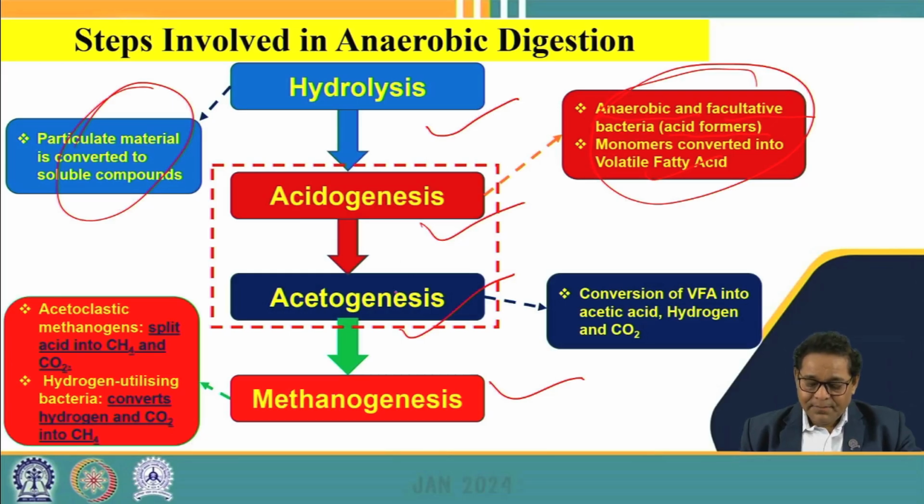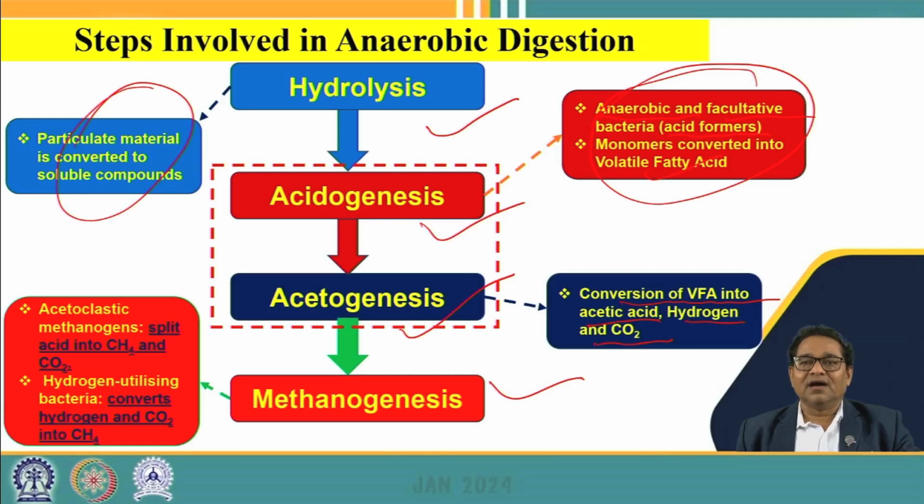Then these acids are acted upon by another group of bacteria called acetogenic bacteria, and these bacteria convert all forms of acids into acetic acid, hydrogen and carbon dioxide.